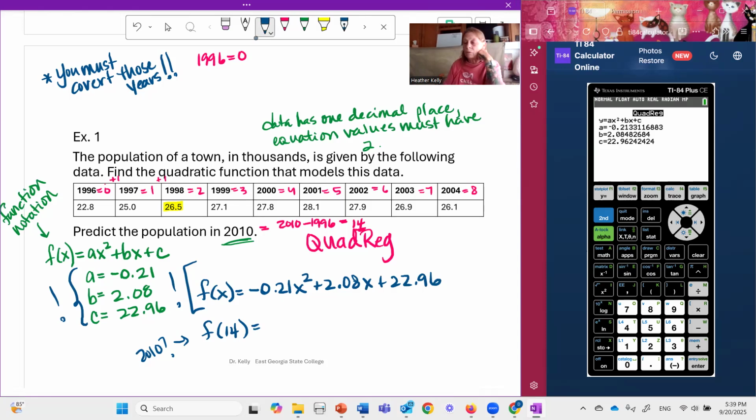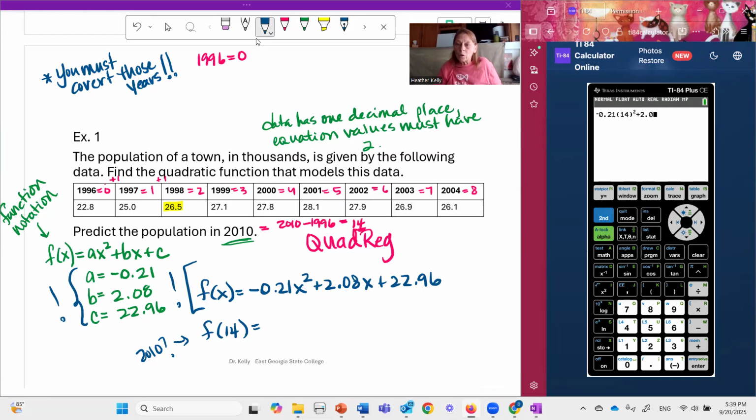And when you run that through the calculator, let's do it here real quick. So I'm going to quit this and I'm going to say negative 0.21, open parenthesis. And what is x here? It is 14, close parenthesis, squared. Okay.